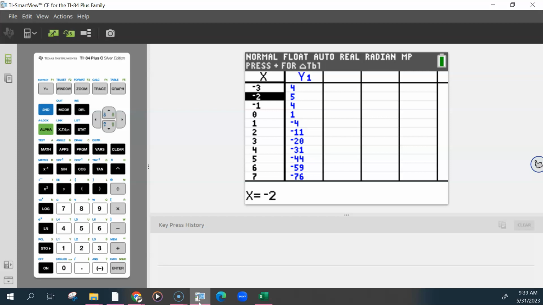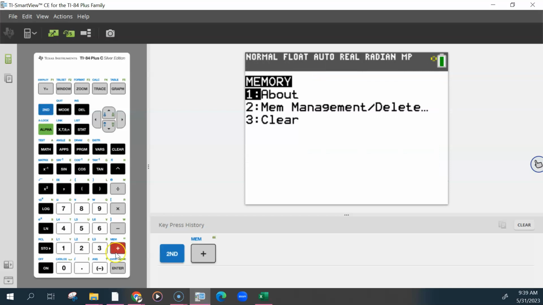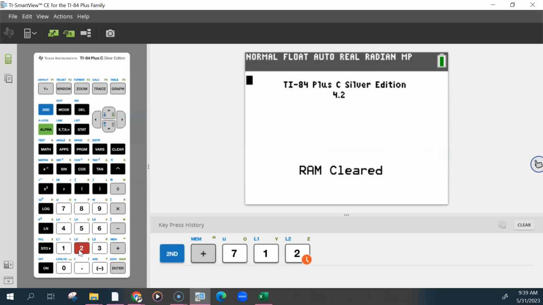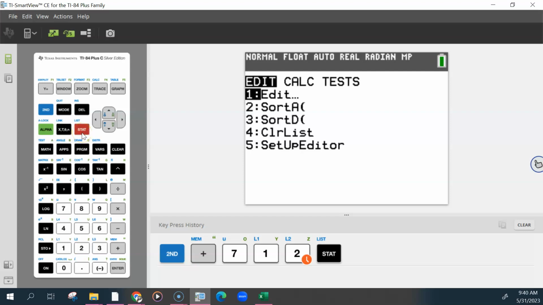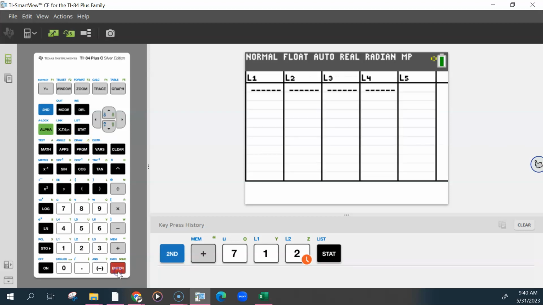Let's reset our calculators first. 2nd plus 7, 1, 3. And then you're going to go into stat, go into edit, the first one, so 1 or enter.